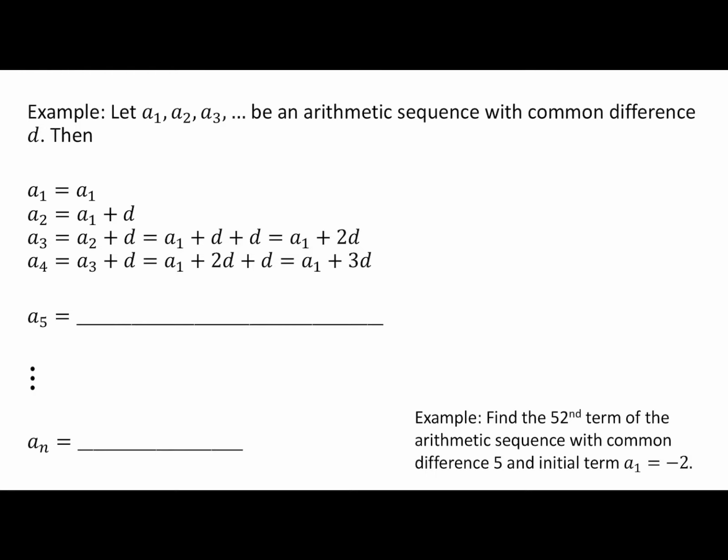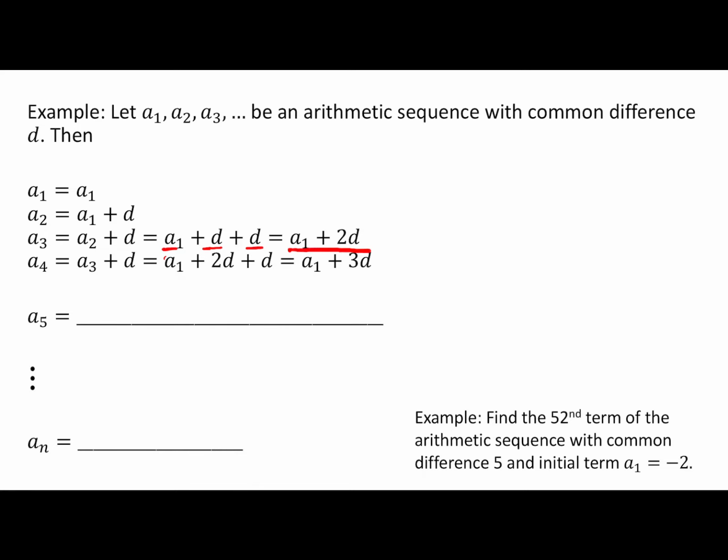And so we're going to do the same sort of thing of writing out each term one at a time. So the first term is just A1. I get the second term by taking A1 plus D, my common difference. To get the third term, I'm going to take my previous term, A2 plus D, which I can rewrite as A1 plus D, and then plus D again, which is the same as A1 plus 2D.